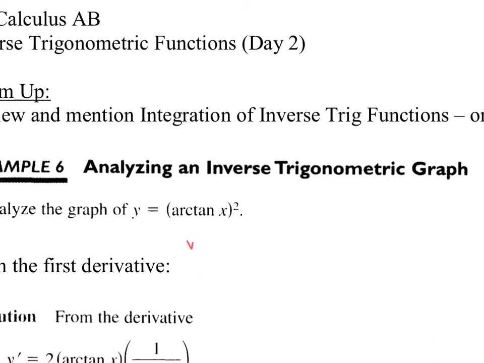We're going to do the chain rule. So it's 2 times the arctangent of x to the first, because the square is the outside function, times the derivative of arctangent, which was again 1 over 1 plus x squared.